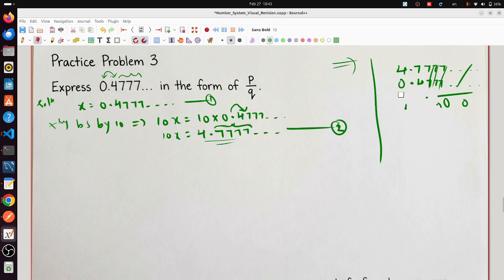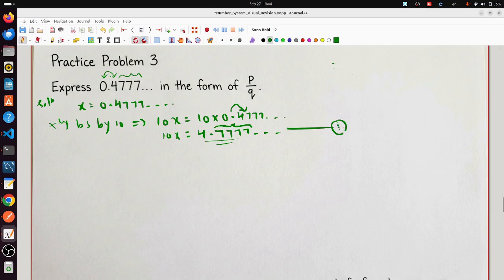Now what we need to do instead, I will show you. We need to take this only as equation number 1. Now again we need to multiply both sides by 100. Which one? This x. This x value we need to multiply both sides with 100.